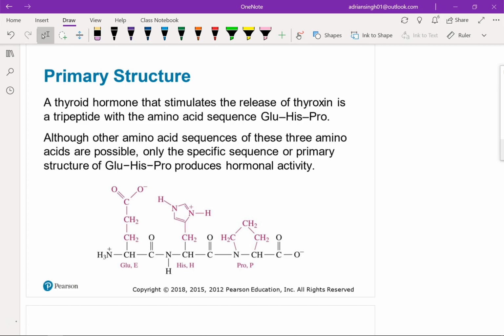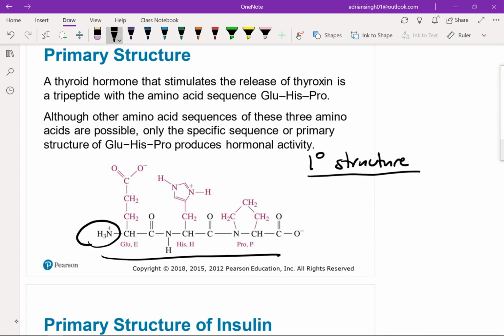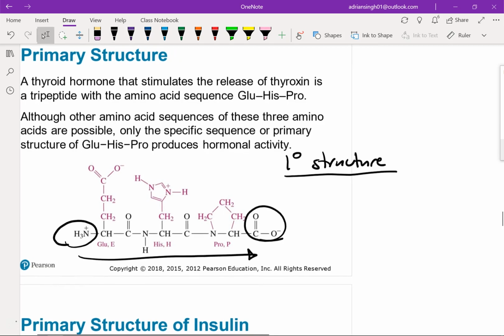To write the primary structure, all that it is, is to list the amino acids from the N-terminus to the C-terminus. So we're going to go in that order, which means you have to identify these amino acids.